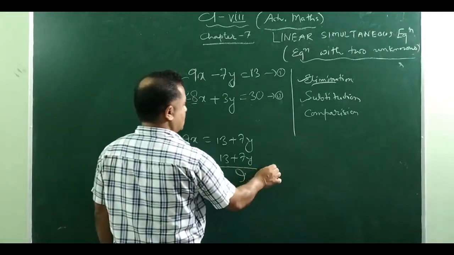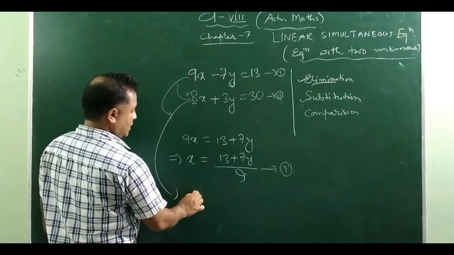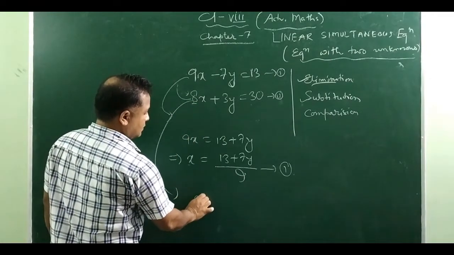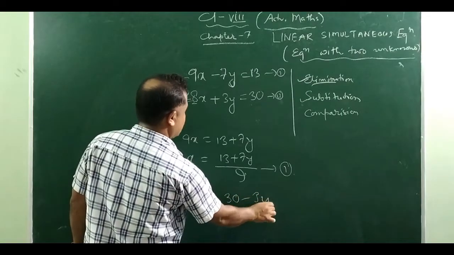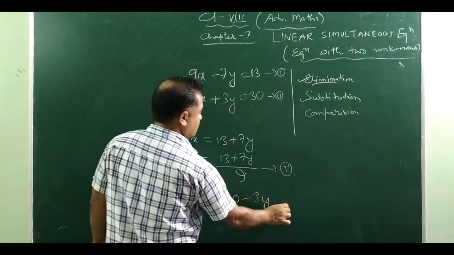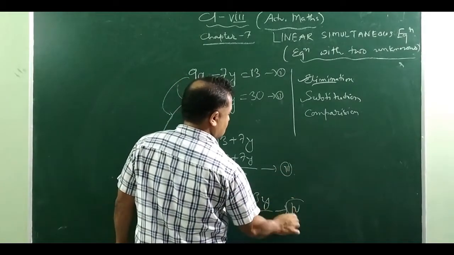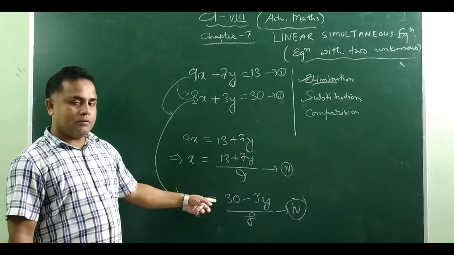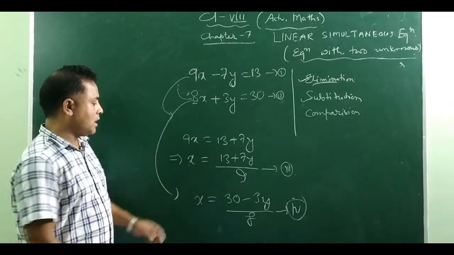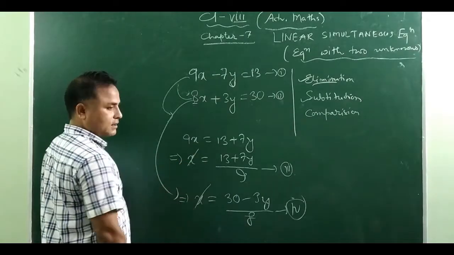This is equation 1. And if I transform the other one, you will get x is equal to (30 minus 3y) by 8. This is equation 2; then take them as equations 3 and 4. Now I compare 3 and 4. If I compare 3 and 4, x cancels.